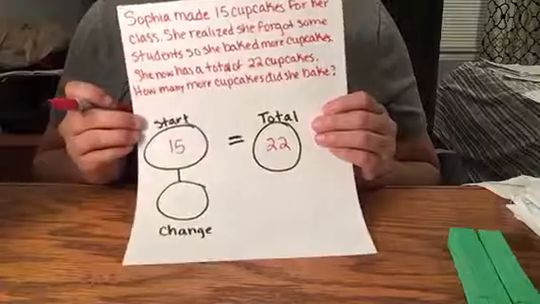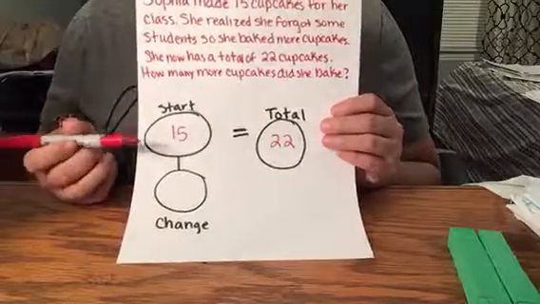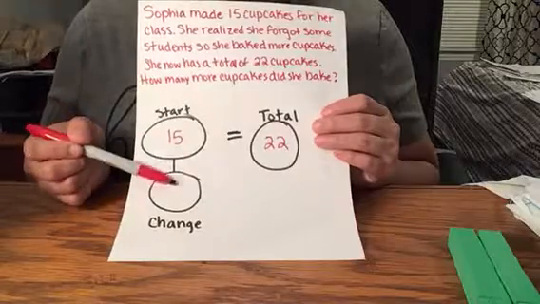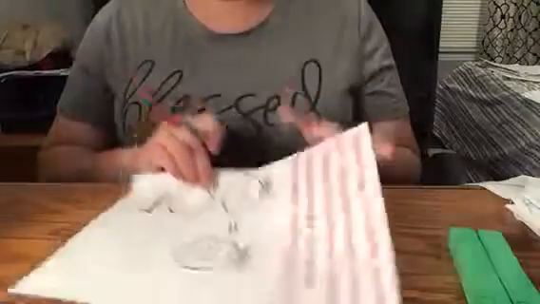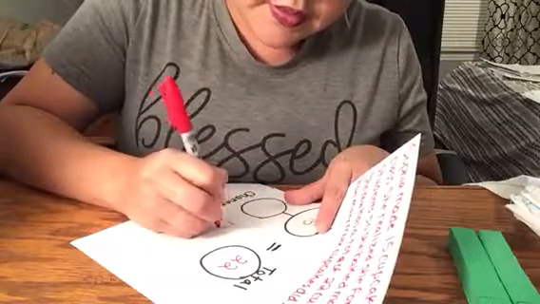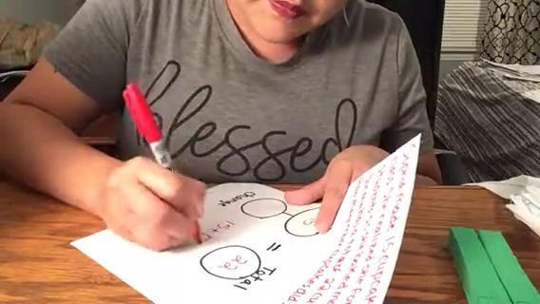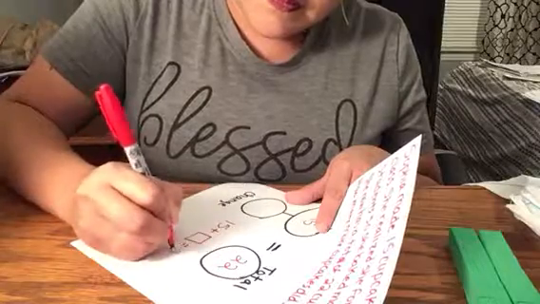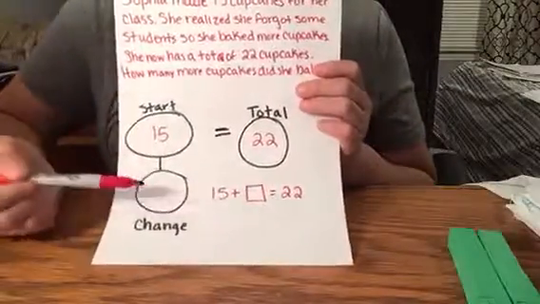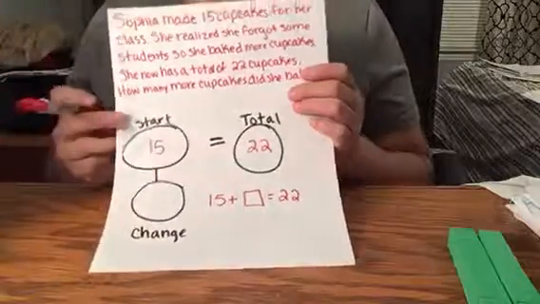So as of right now, it is not equal. So we're going to see 15, the change, and the total. So our number sentence will look like this. 15 plus the change equals 22.